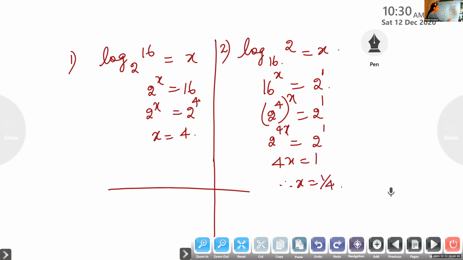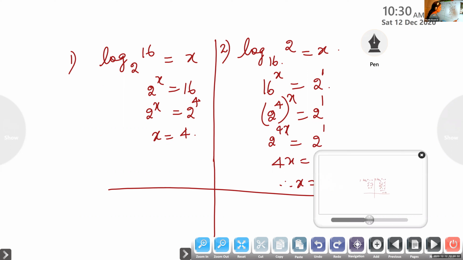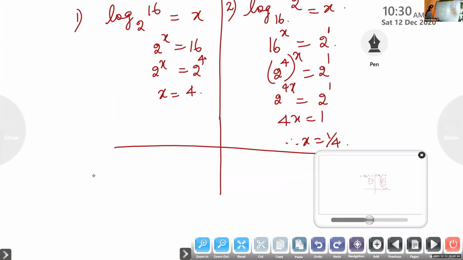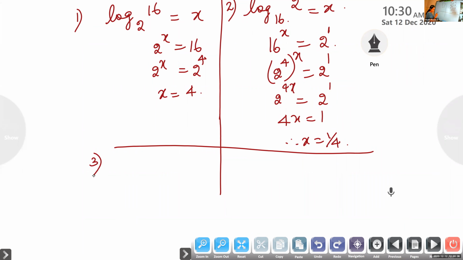The next one, third one. Try this one, okay? Find the value of log 1 by 3 to the base 3. First you take it as x, convert in exponential form, then simplify and find out the value.